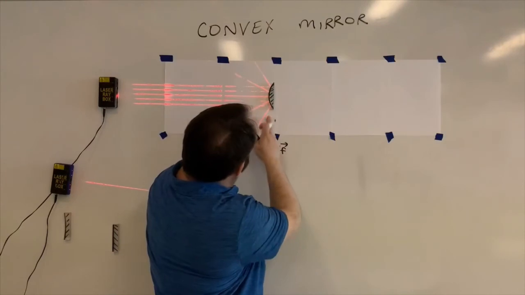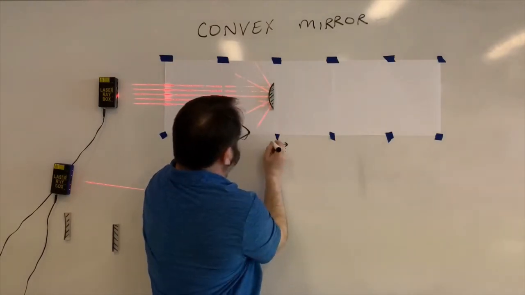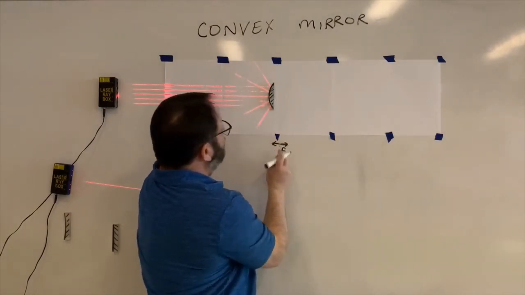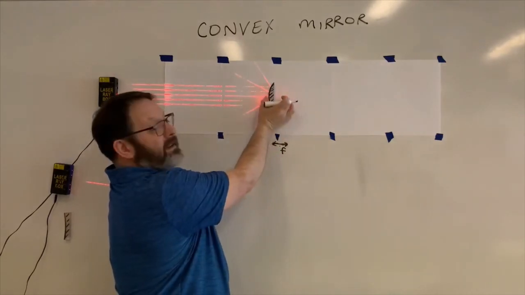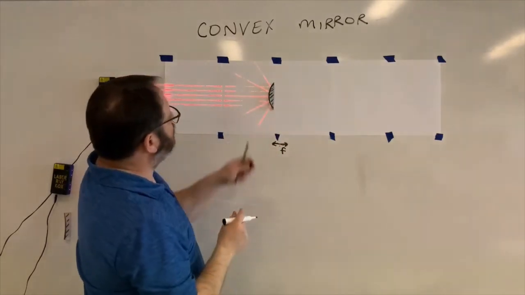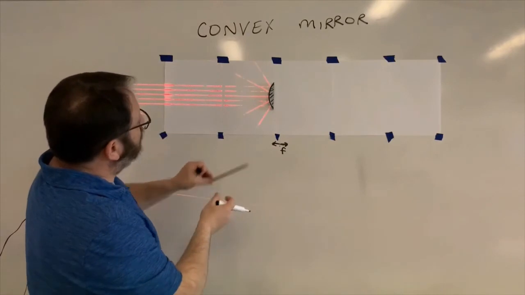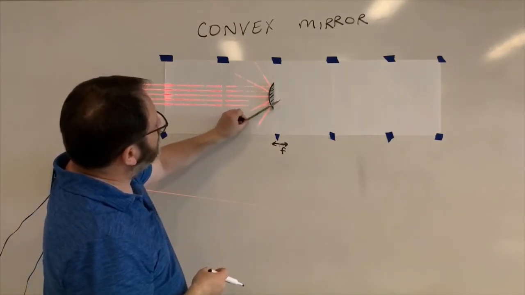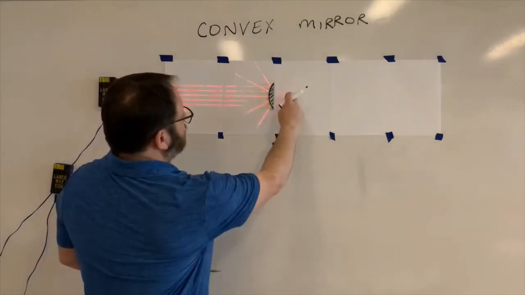Normally it would be measured from the front edge of the mirror, so I didn't draw it very well there. F in this case is right there, where all those beams appear to come together. And then if we drew all the normal vectors back, they would come back to someplace over here.